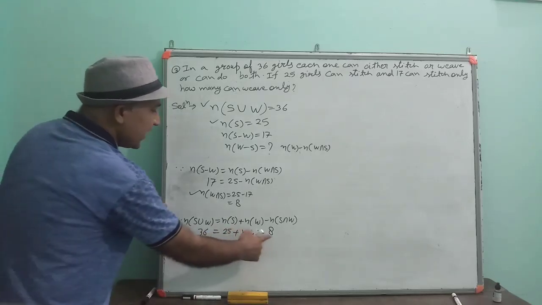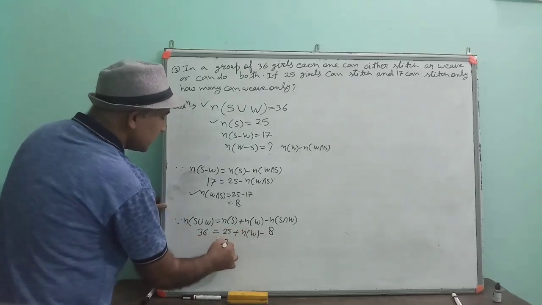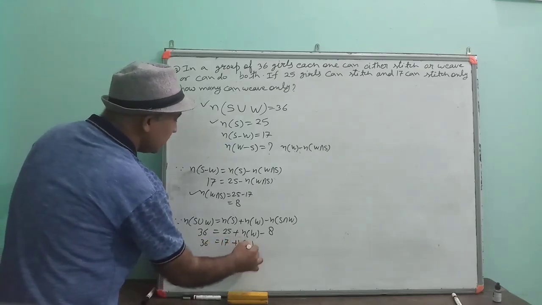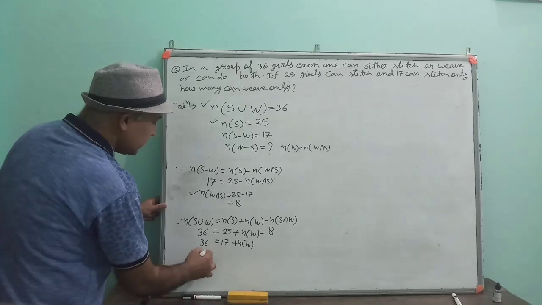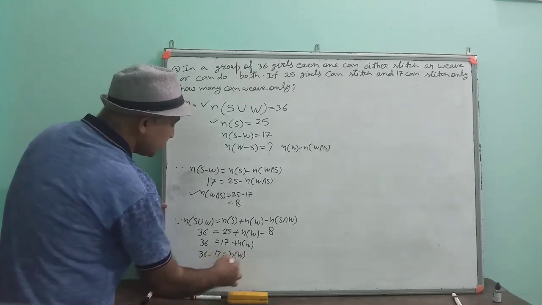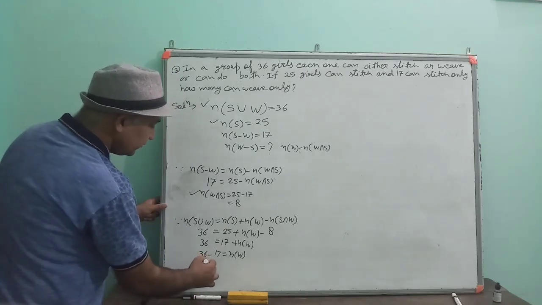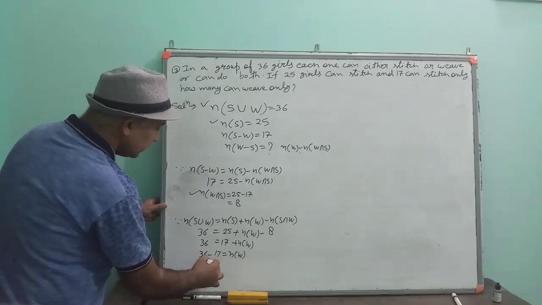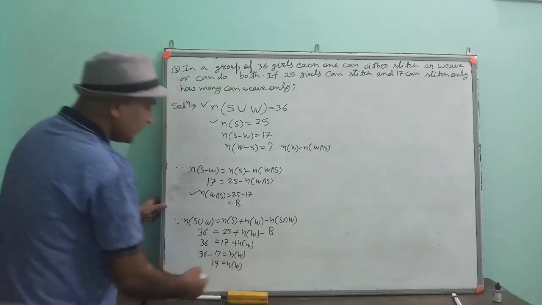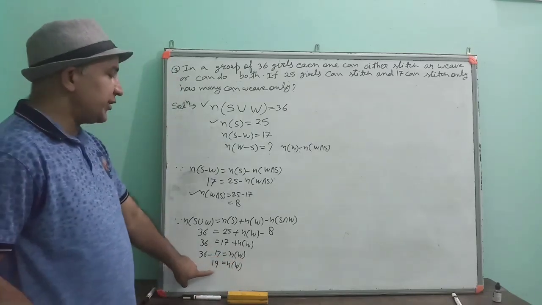Now 25 minus 8 is 17 plus NW. That means 36 minus 17 is the NW. This is 19. Yes, this is 19. That means NW is 19.